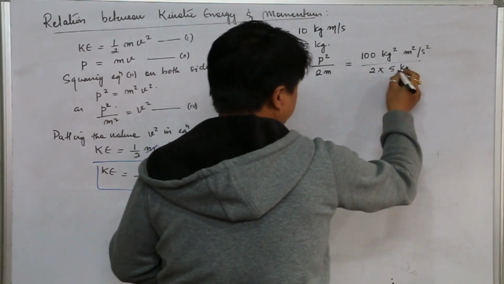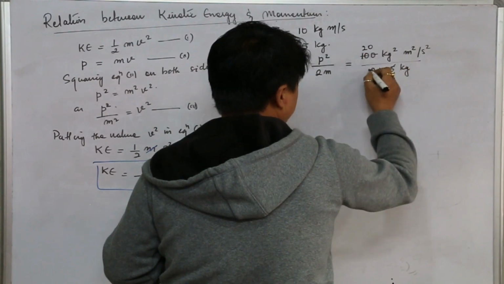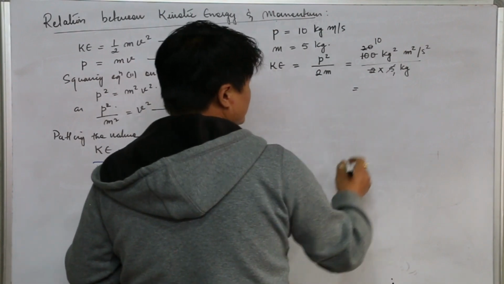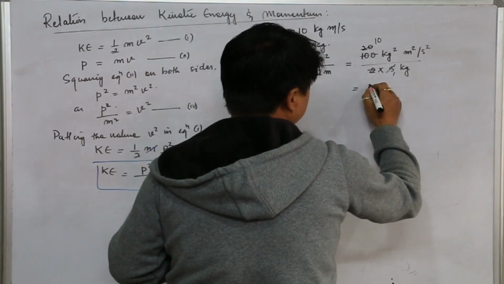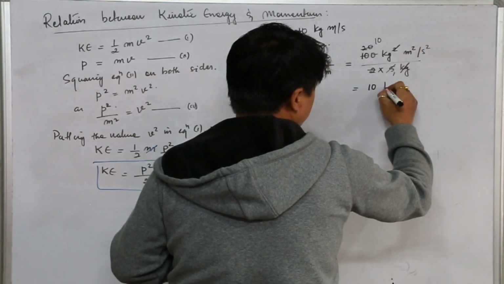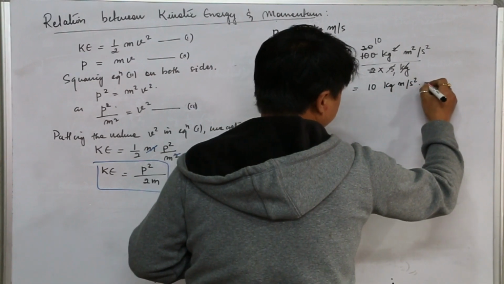So 5 goes 20 times and 2 goes 10 times, so this will become 10. The kg will cancel, leaving kg meter per second square into meter.